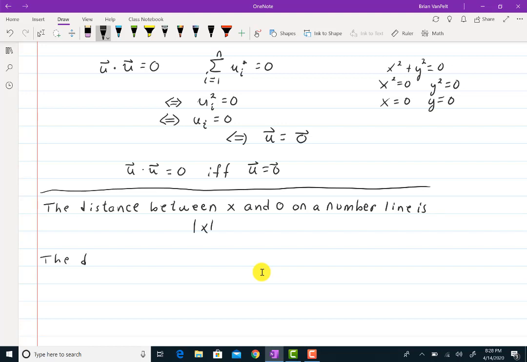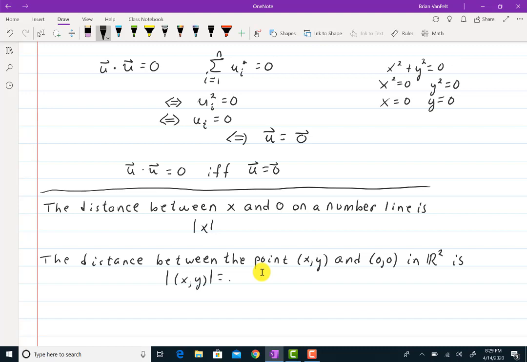The distance between the point (x, y) and the origin in R squared is, and I've seen different notations, but a lot of them simply put the absolute value symbols around this, and you'll see that it's equal to the square root of x squared plus y squared.